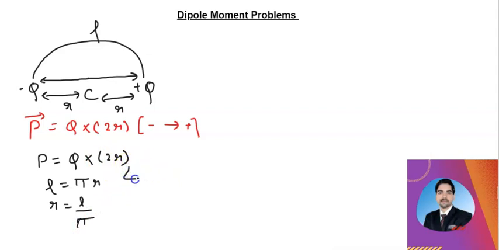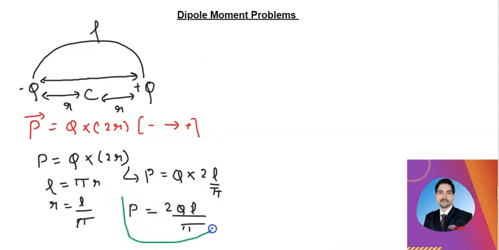So this dipole moment in terms of length will be q multiplied by 2r, where r is equal to L upon pi. So finally we got the dipole moment to be 2qL upon pi. So I hope this clears your doubt related to the dipole moment. We will solve one more problem.